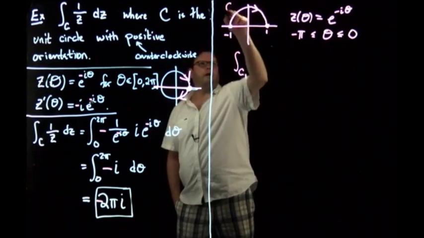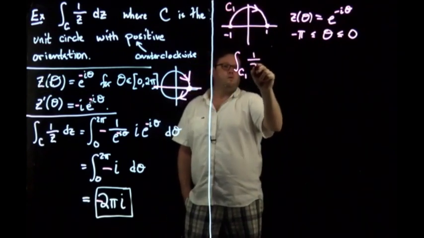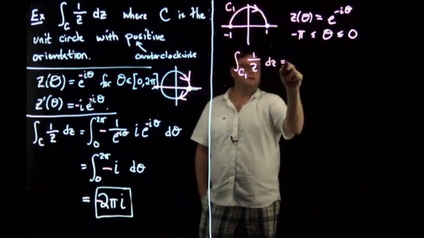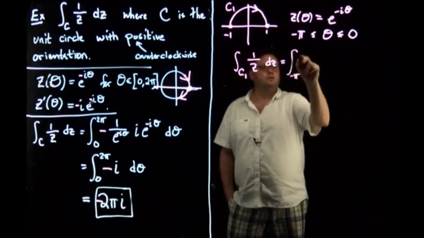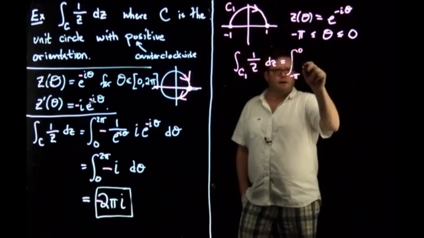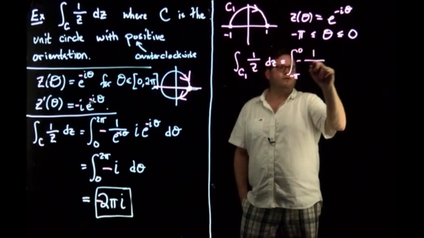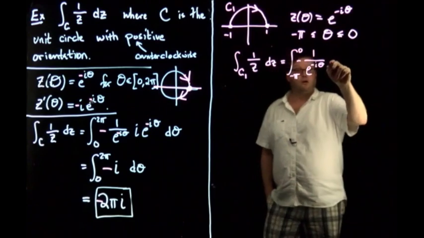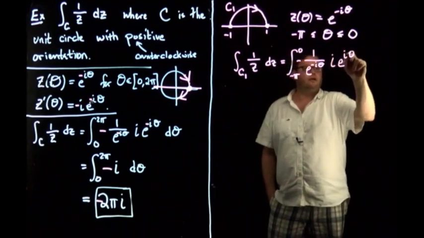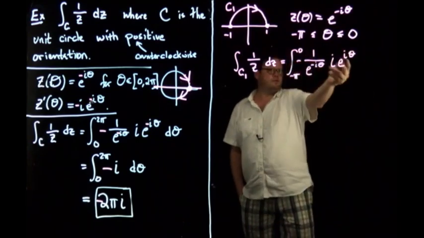Let's give this a different name: C1, the integral of 1 over z dz. We get the integral from minus pi to 0 of 1 over e to the minus i theta times minus i e to the minus i theta d theta. Remember, the minus appears from the derivative.